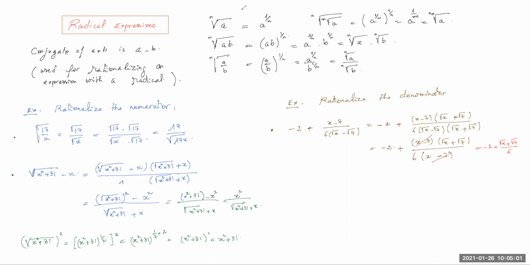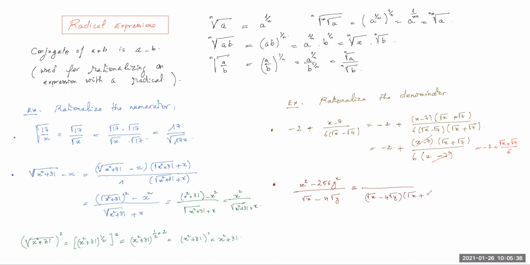Here is another, let's look at this other question. This time, again, the purpose is to rationalize the denominator. So the square root of x minus 4 square root of y. Here I have two radicals, but still let's use the conjugate expression of this expression with radicals.